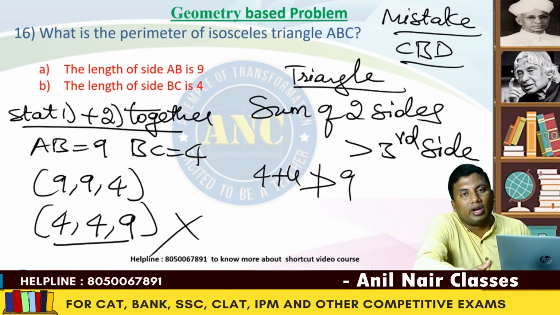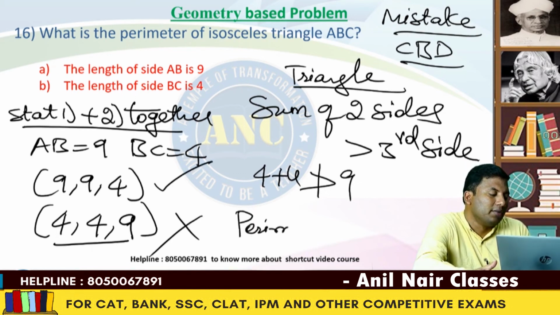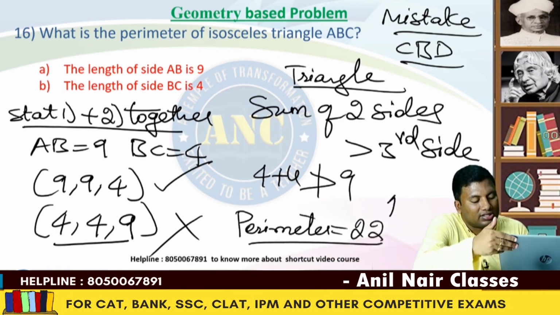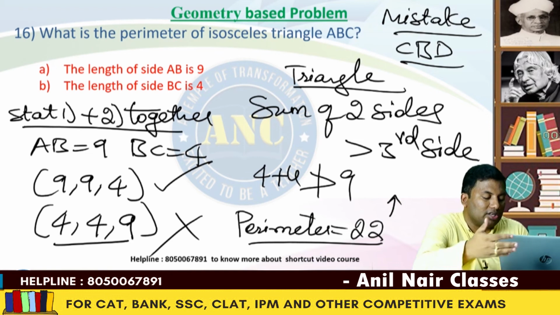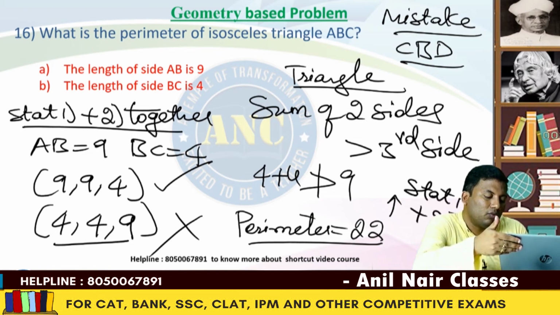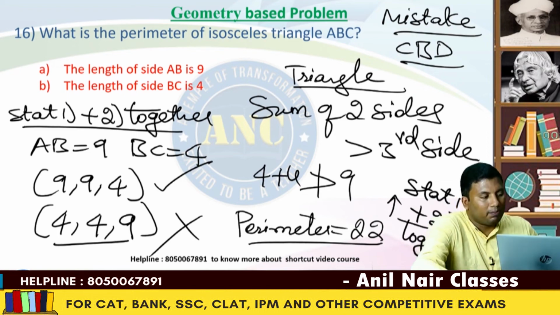Even though you got two answers, the second answer is eliminated. Only one answer I got, perimeter 22. So the answer for this question is statement 1 plus 2 together.